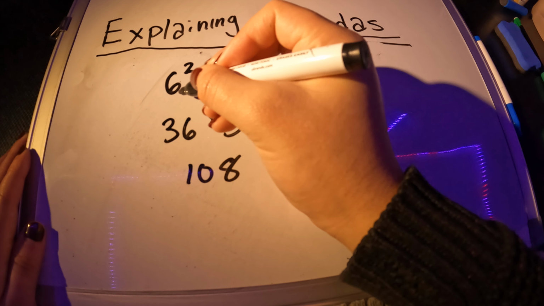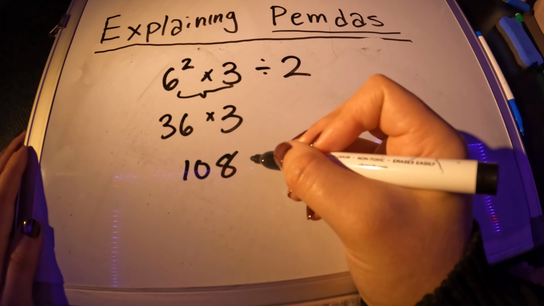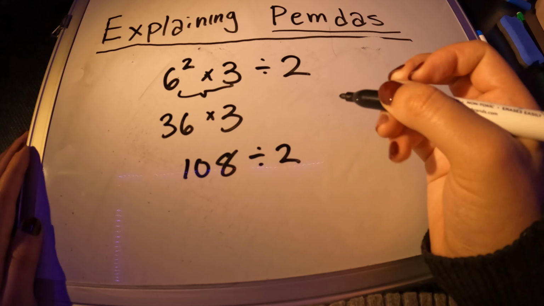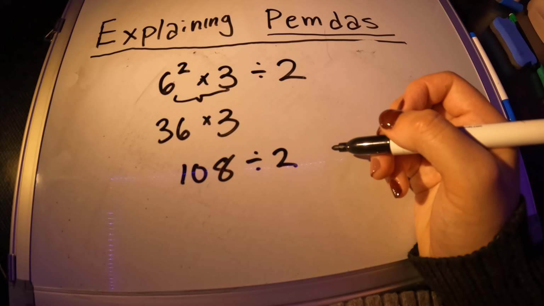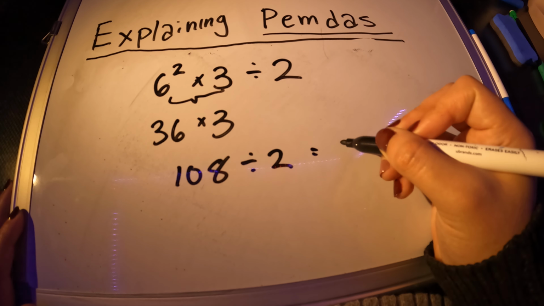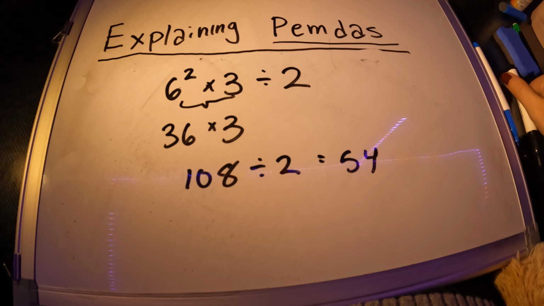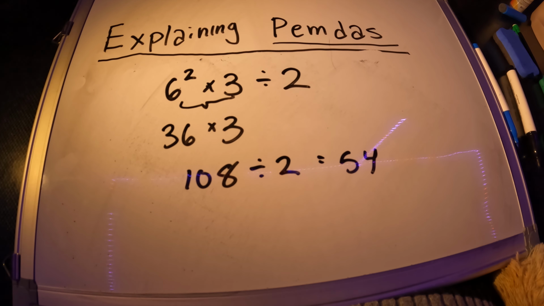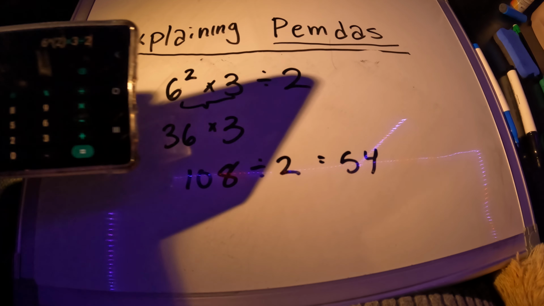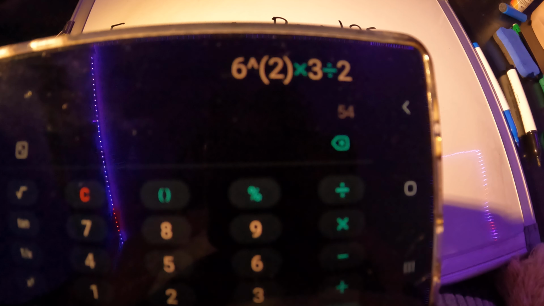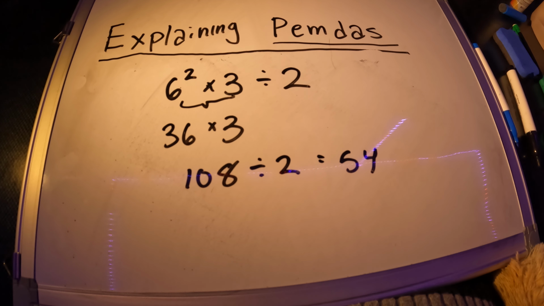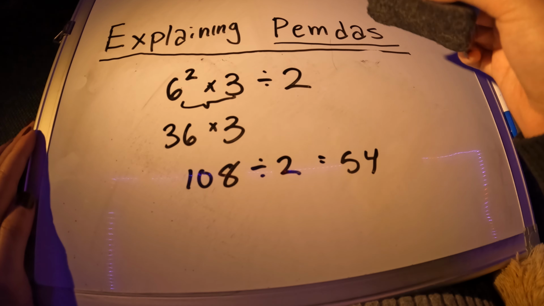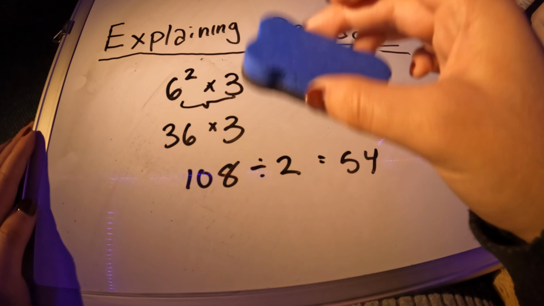Then you divide that by 2, and that is 54. Let me put it into the calculator to double check my work. And you can see that is correct.